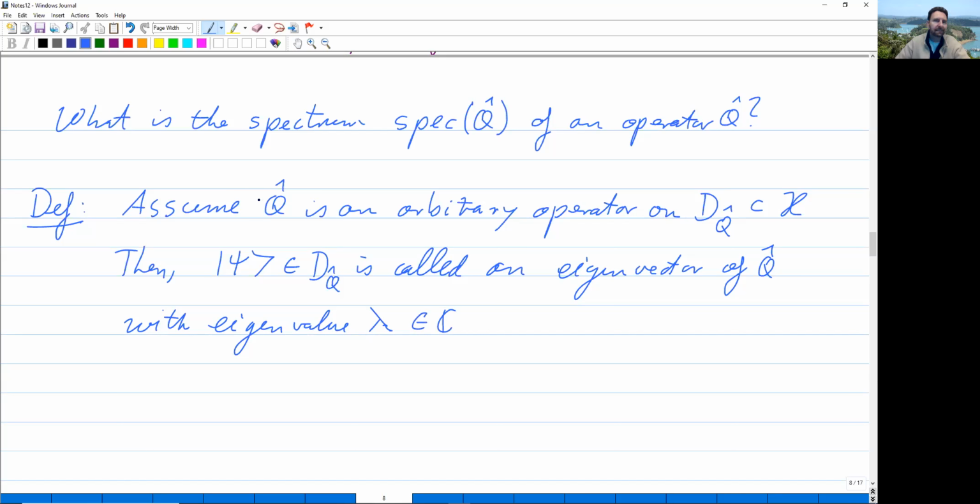Remember, Q hat is any operator, and so it could have real or complex eigenvalues. So psi is an eigenvector of Q hat with eigenvalue lambda if Q hat acting on psi is lambda psi. Okay, let's call this equation star because we'll have to come back to it in a moment.